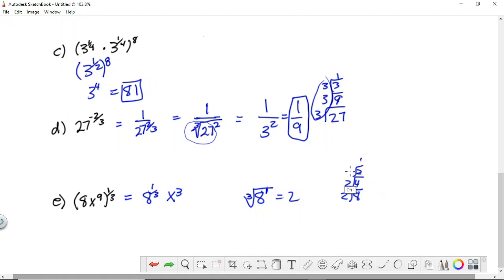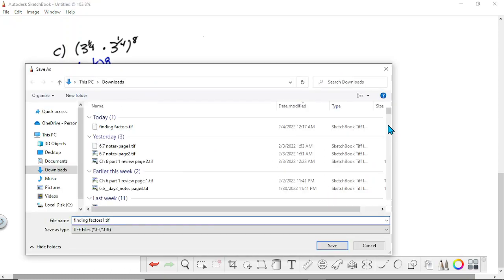Whoops. And so look for groups of 3. We have them, and yes, it is 2. 2 comes out of the radical. Whoops.